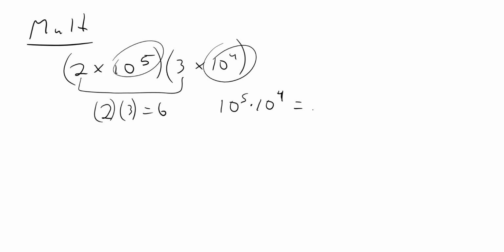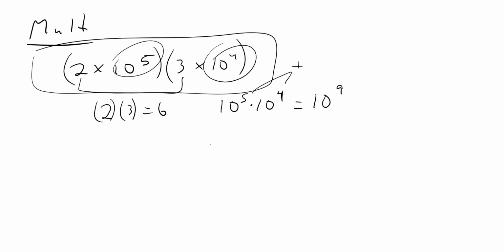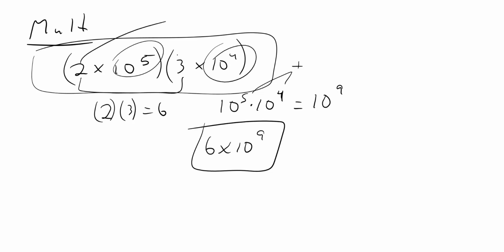Remember, you add these exponents together. So it's 10 to the 9th. So my answer for this problem is 6 times 10 to the 9th power. Okay, it's easy. So again, you're multiplying the numbers in front, and then these are your exponents. There's always 10 to the something, and you're adding those exponents together. So 5 and 4 is 9.